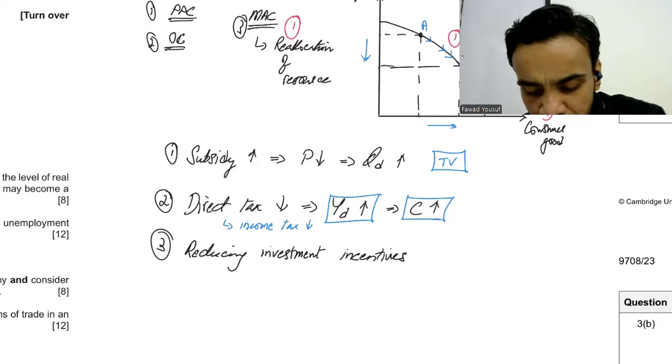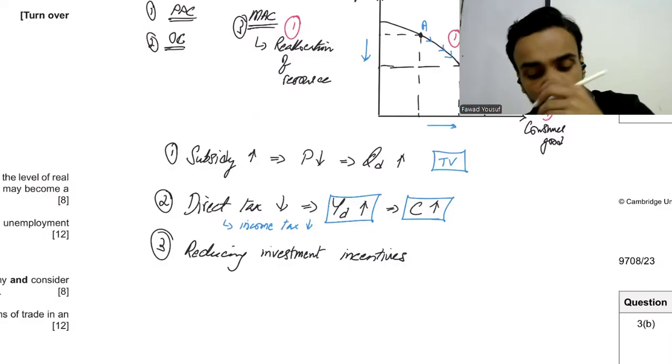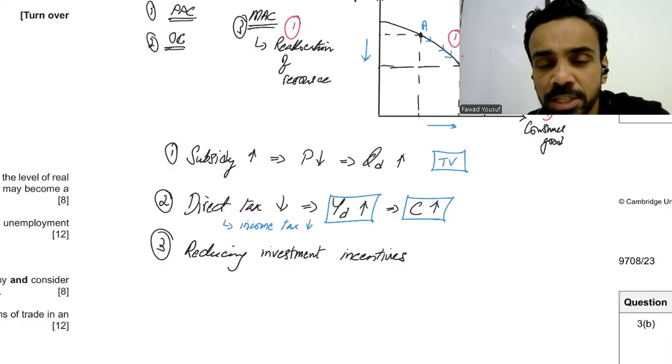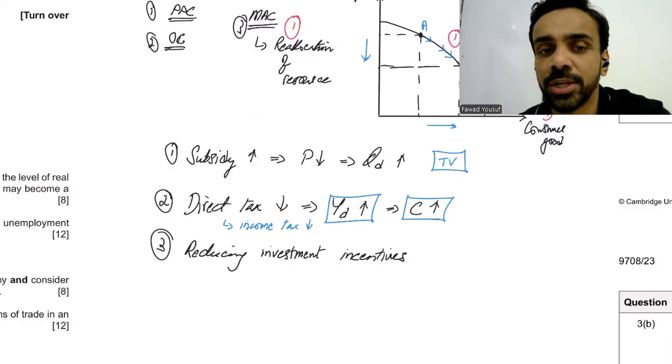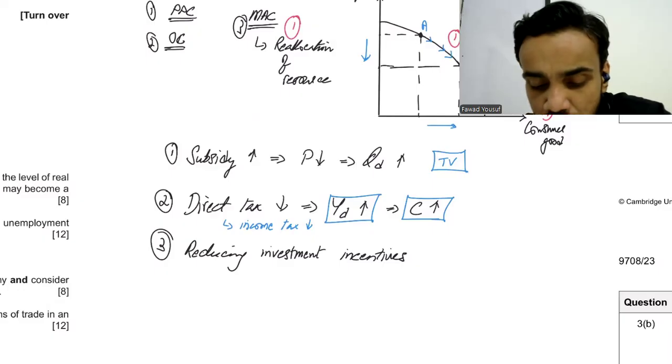So sort of like that we're talking about, and how then eventually that will reduce investments, because if government is not helping businesses, so businesses will not be interested in expanding their operations.